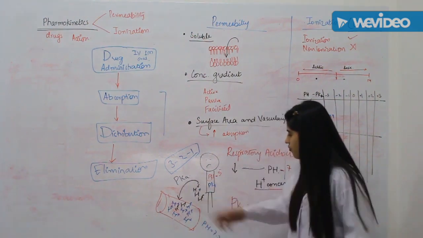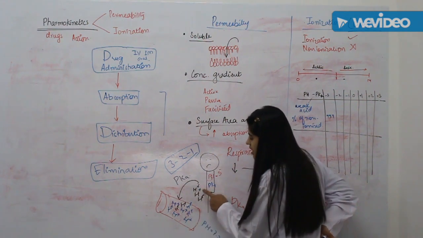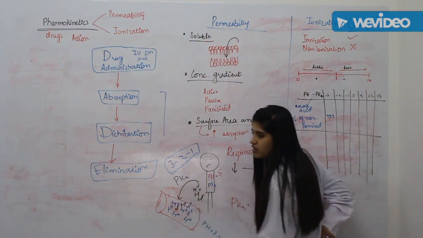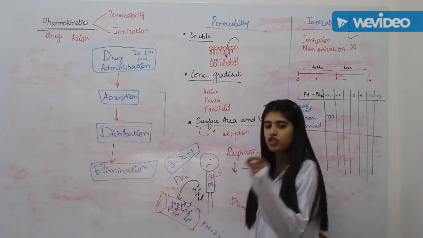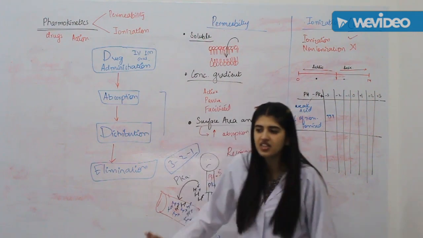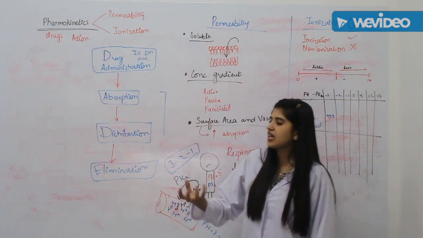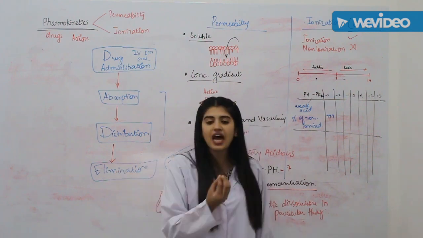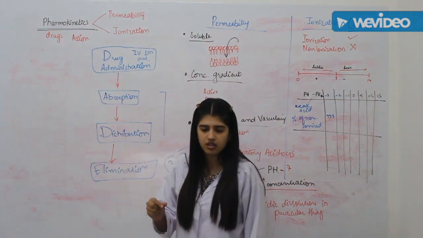So you get it from here, this is the concentration, this is the pH of the blood, and this is the pKa, how much it can dissolve. But for the normal calculation, we have to take the difference of it, so that we can get the generalized equation or the generalized small quantity.